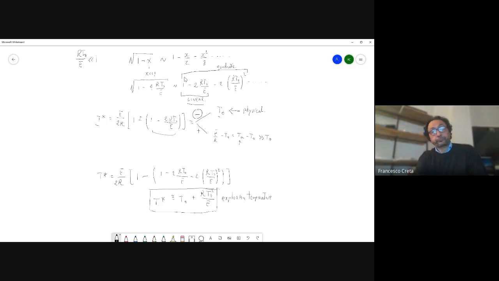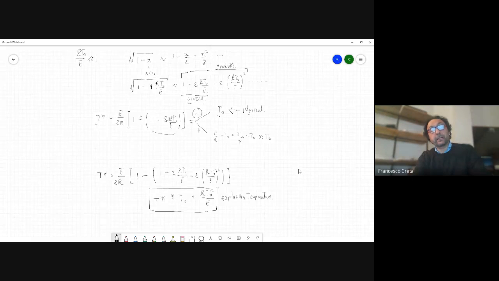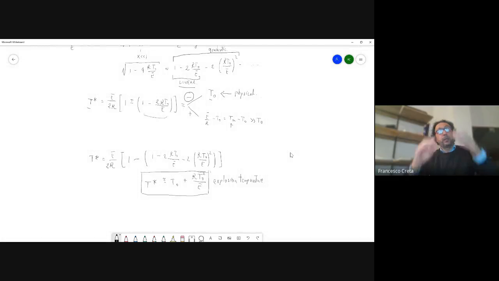So what does this tell us? Well, it tells us a very interesting thing: given E, the activation energy, and given a temperature for the walls, T0, the system explodes at a temperature T star.